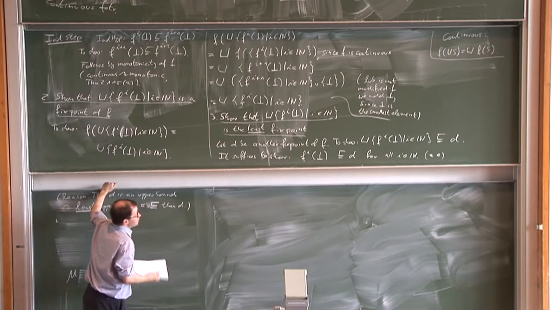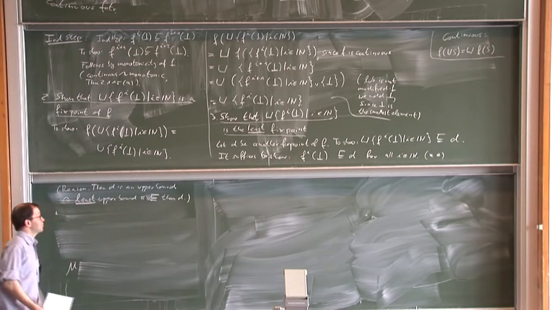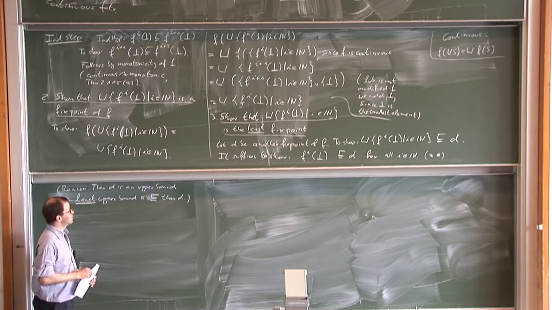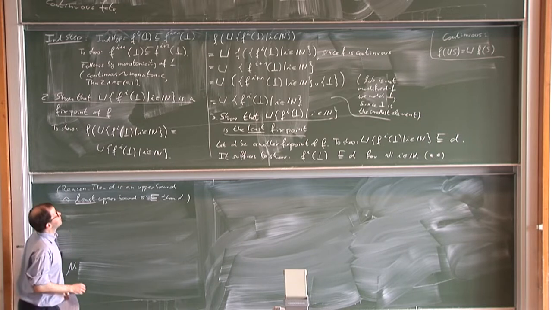Okay, and how do we show this? Well, if we have to show something holds for all natural numbers I, then the straightforward way to do it is induction. So we prove double star by induction.